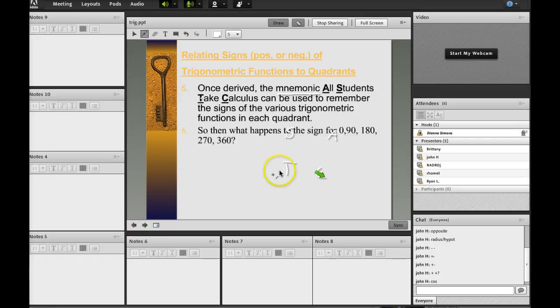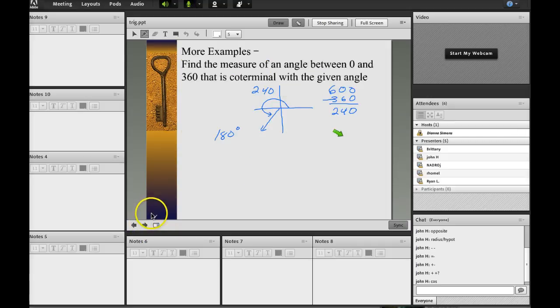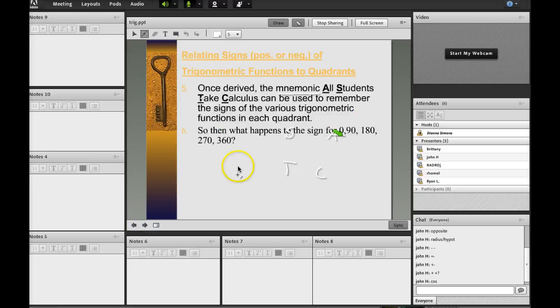Okay, so what happens to the sine for 0, 90, 180, 270, 360? How do we know what 0 is? Let's look at our grid. This is 0 here. This is 90 here.